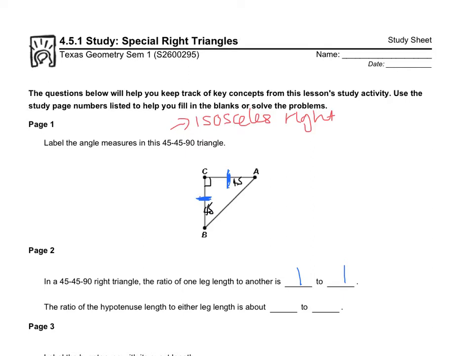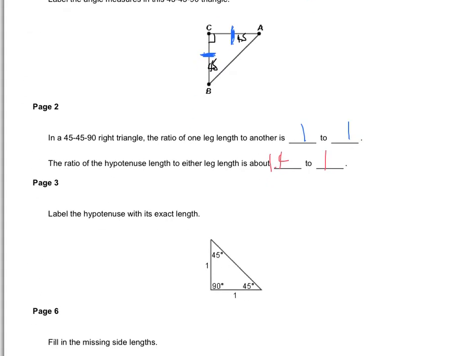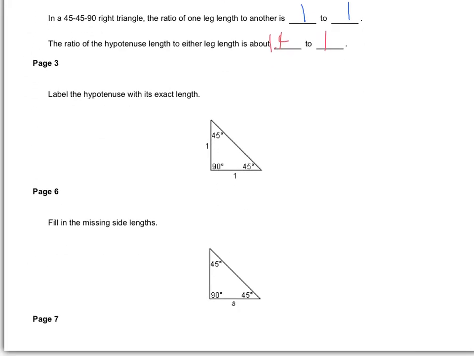The ratio of the hypotenuse to either leg is about 1.4 to 1. So I have this right triangle with side lengths of 1 and 1. And if the two legs are 1 and 1, my hypotenuse is going to be square root of 2.